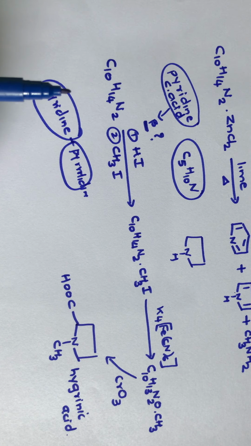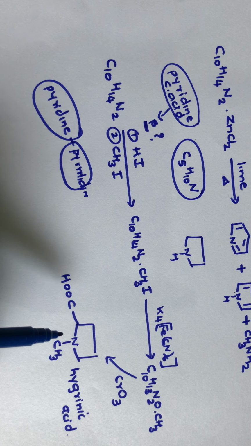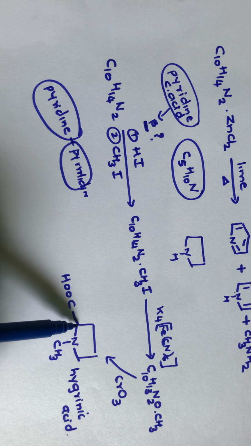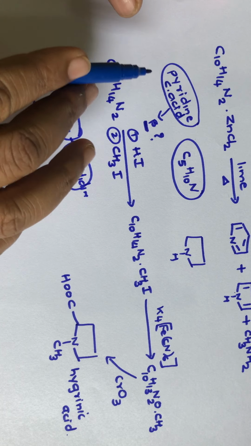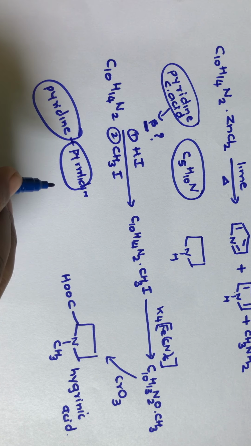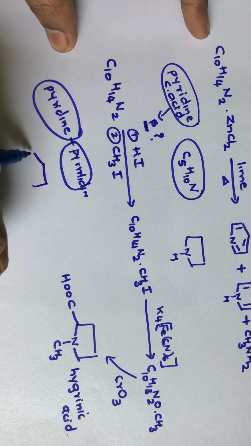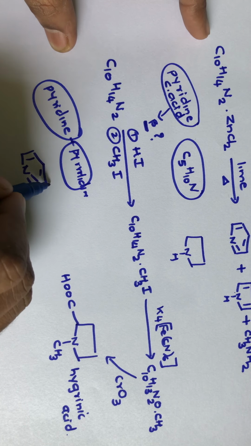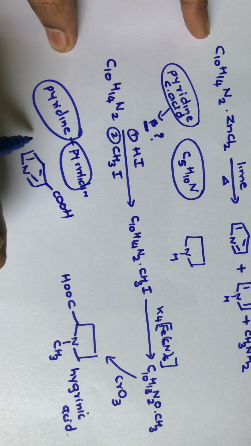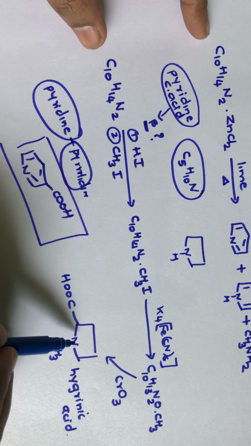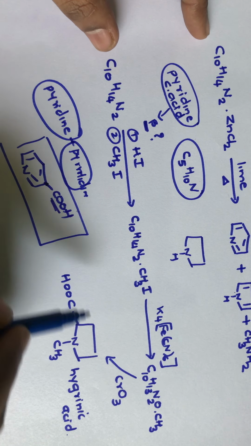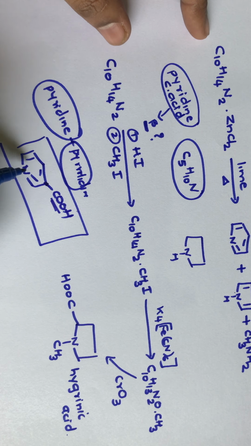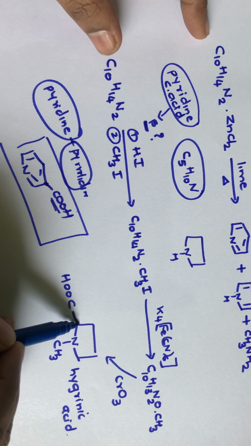So from this it is confirmed that C2 of N-methyl pyrrolidine is attached to C3 of the pyridine ring, because when nicotine was oxidized, we obtained this. In this reaction, the pyrrolidine nucleus was oxidized and we got a substituent at this position, the third position. Now in this reaction, pyridine is oxidized and we are getting a substituent at this position.